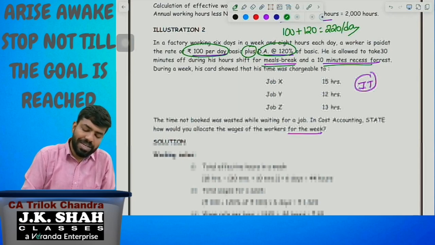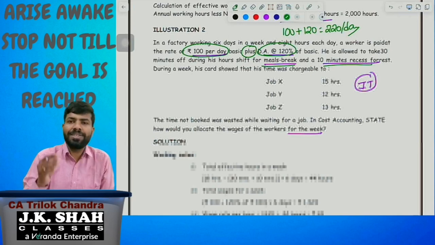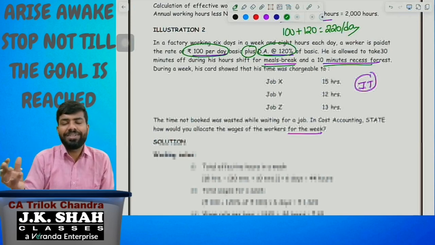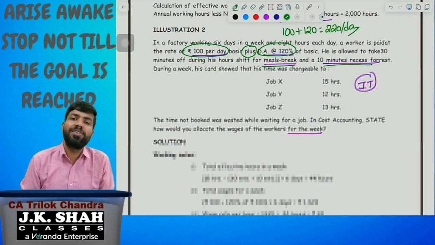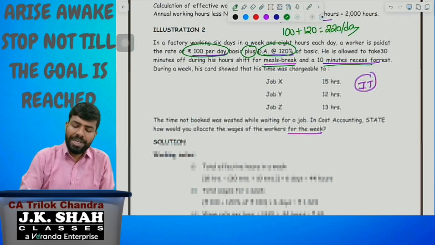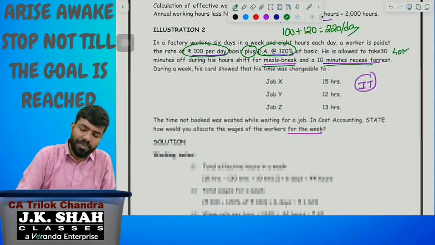Now let us understand this point. They are allowing 30 minutes for the meal break and 10 minutes for rest. Now tell me, is this normal idle time or abnormal idle time? Resting time and lunch break are normal and cannot be avoided. Can we avoid the lunch break? Can we avoid the recess time? No. So in a day, 40 minutes.